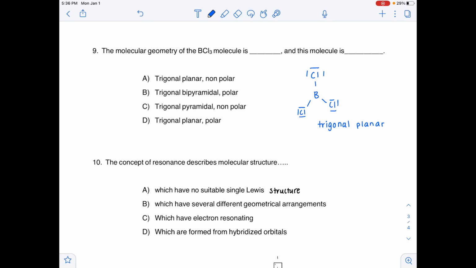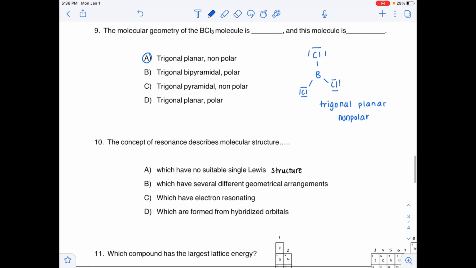And since the chlorines are surrounding the B and there's not a different element, that's an indication that it's going to be nonpolar, and there's no lone pairs, so that's also an indication that it's going to be nonpolar. So it's going to be trigonal planar, and it's going to be nonpolar. So the correct answer is going to be A.